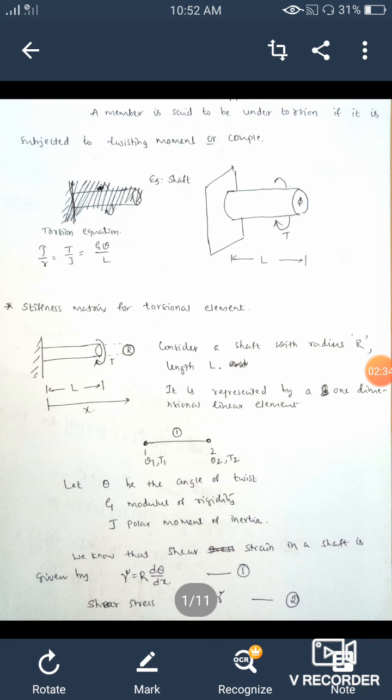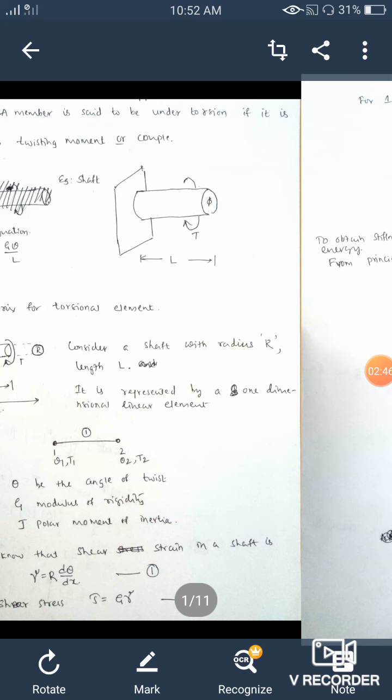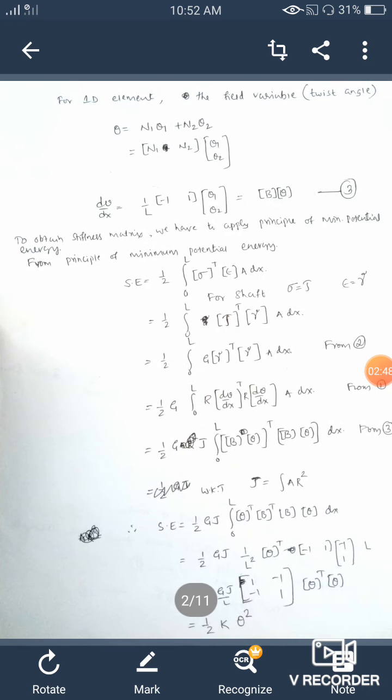We know that the shear strain in a shaft is given by gamma equal to R d theta by dx, and the shear stress tau is equal to G into gamma. Now, for a 1D element, the field variable is the twist angle, not displacement or deflection.